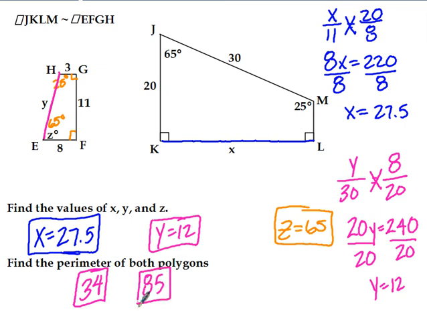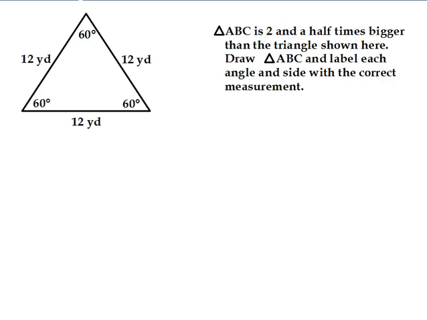Okay, the last two deal with drawing your own triangle. So it tells us that ABC is 2.5 times bigger than the triangle shown here. So we want to draw that, and we're going to label each angle and each side. So here's triangle ABC.